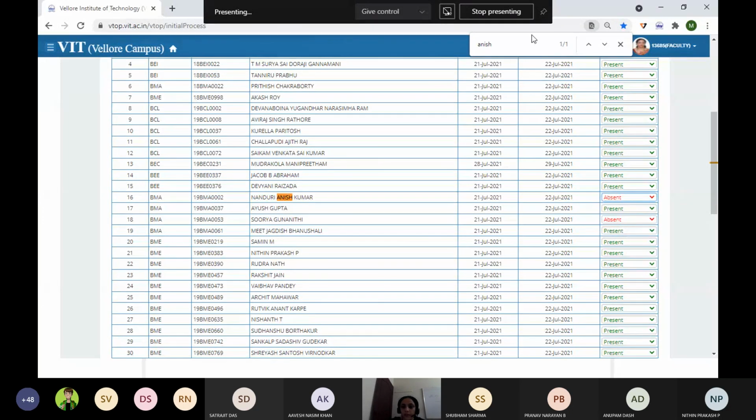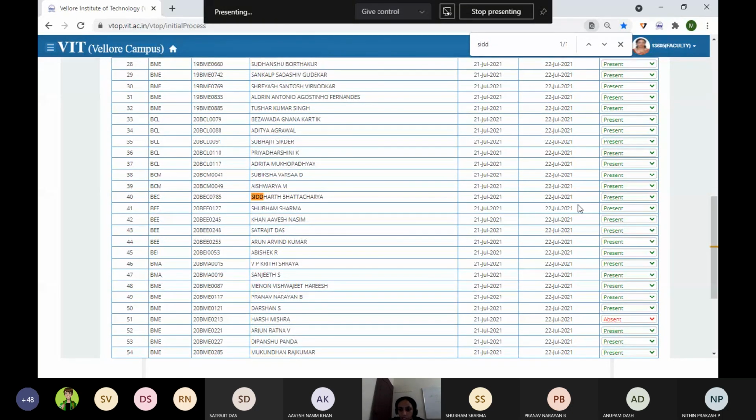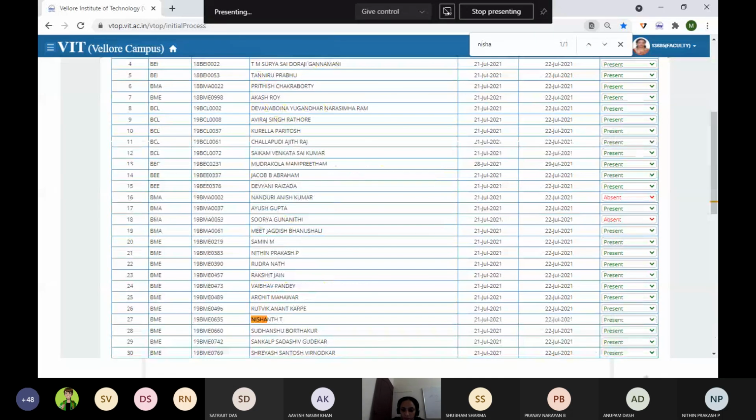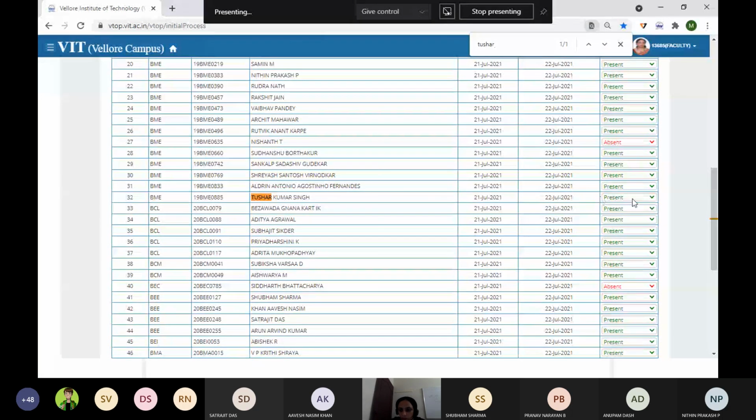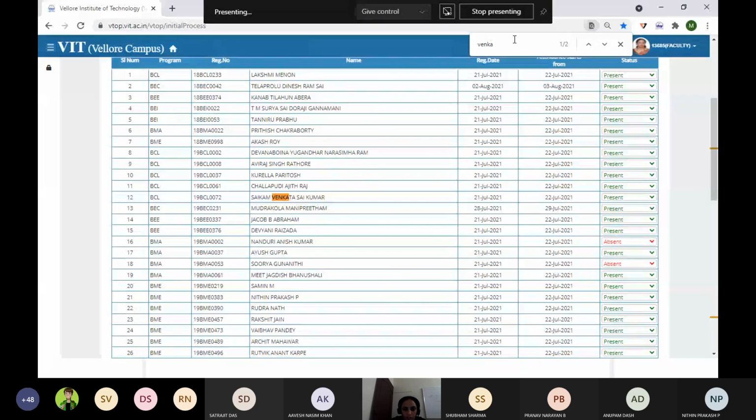Then Siddharth Bhattacharya. Nishant. Tushar Kumar Singh. Then Venkata Sai Kumar.